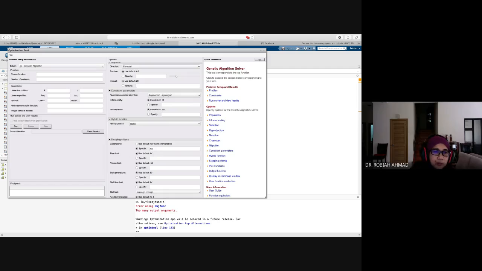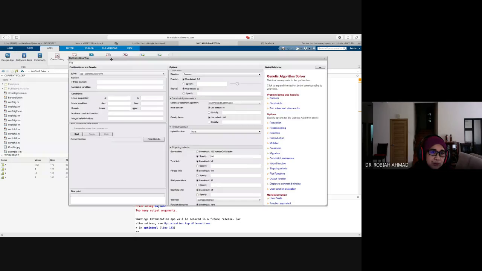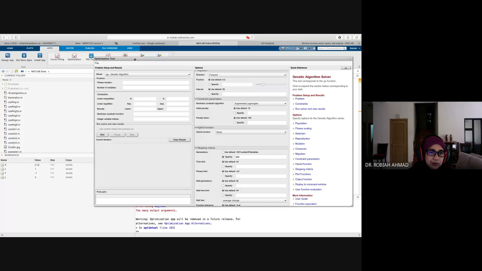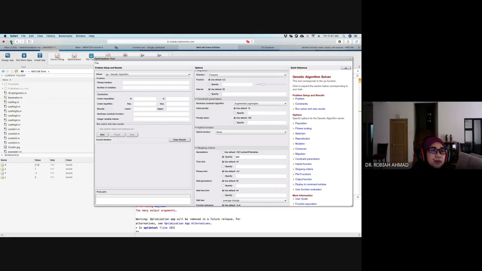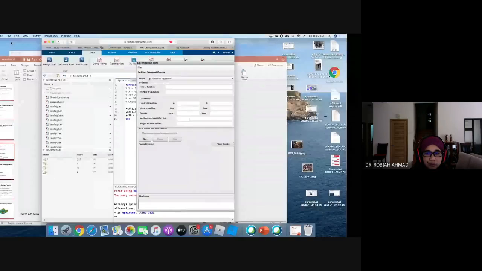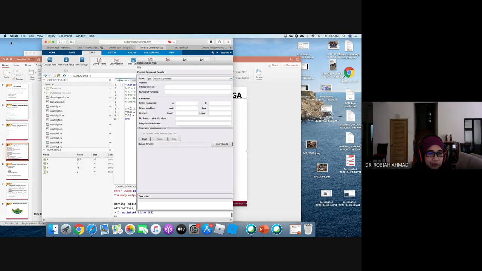Why don't we use the first example for this one? Not the second example. I think something is wrong with the equation as well. So you already have your function for your first example, right?